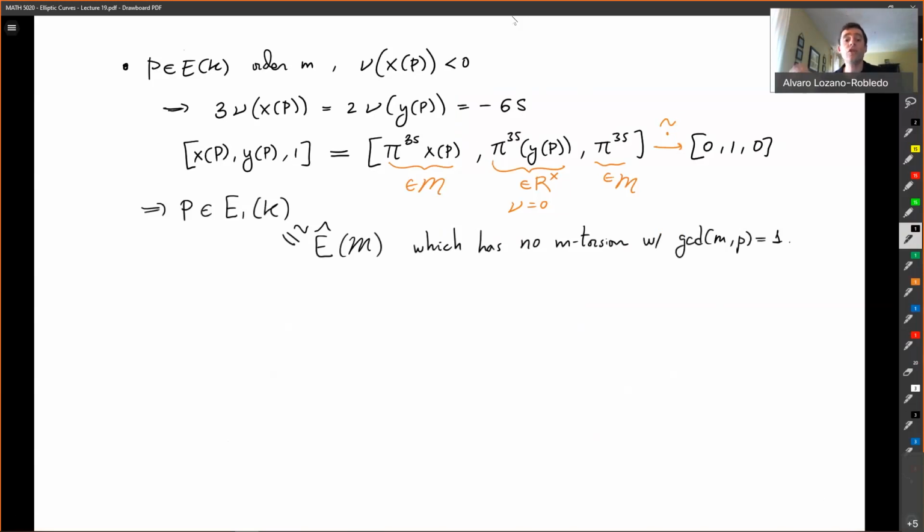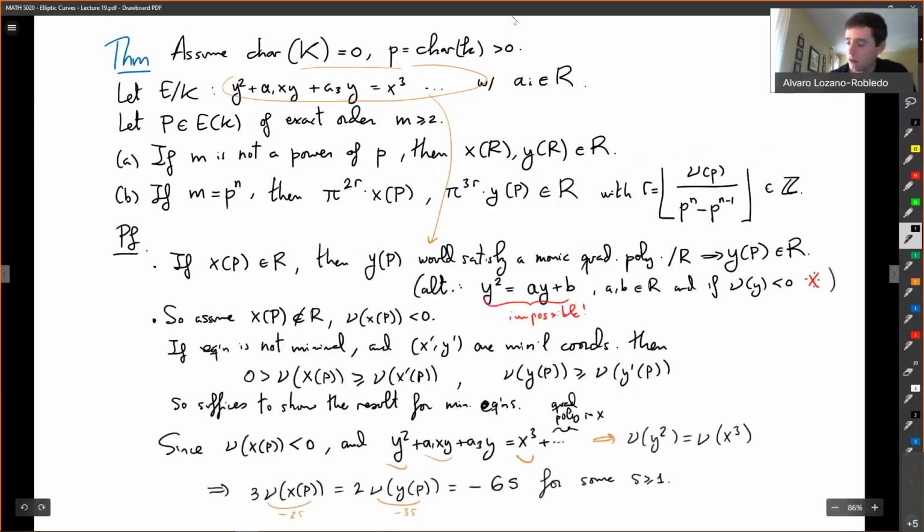Okay, so if you start with a point that has non-integral coefficients, it cannot be of order m, where m is prime to p. Okay, that was what part A said.